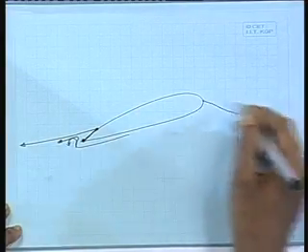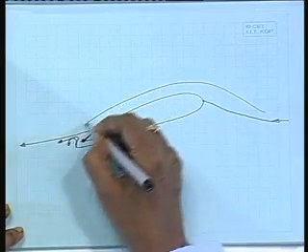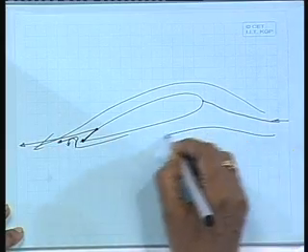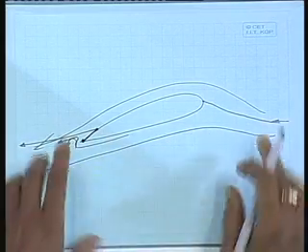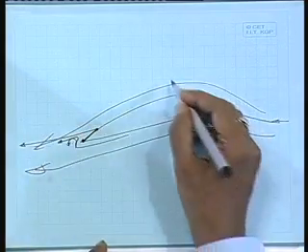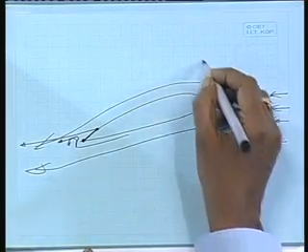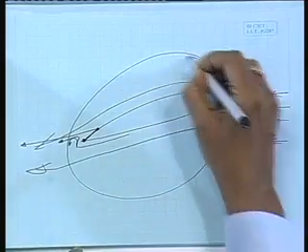Now, this vortex, the stagnation point has come here. So, what is happening? This flow is going like this and this flow is going like this. You can see it is as if there is an axial flow and there is a tangential velocity also. So, this can be represented by an axial flow like this and a circulatory flow which is like this.